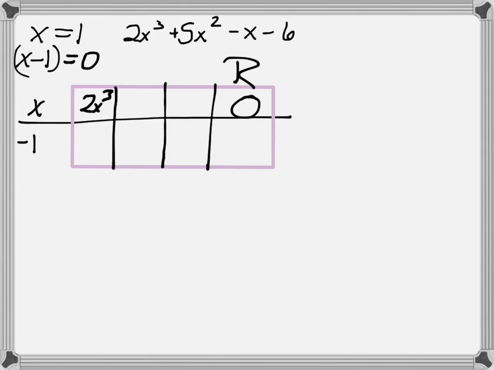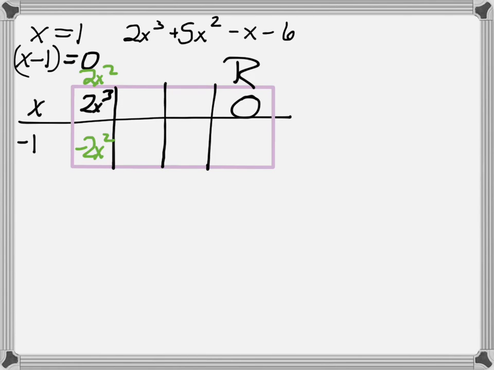Now we need to go through the process to try to find what gets factored out and what's left behind. So 2x cubed divided by x is what? 2x squared. 2x squared times a negative x is negative 2x squared.